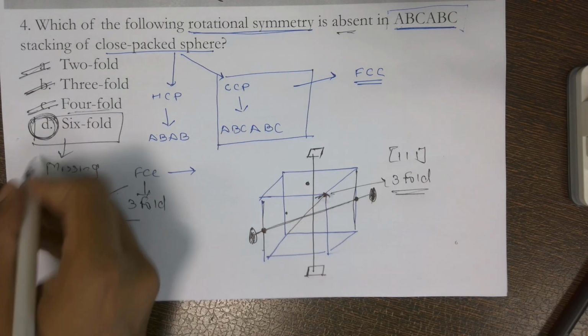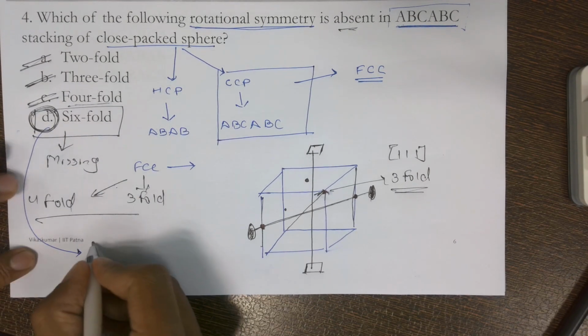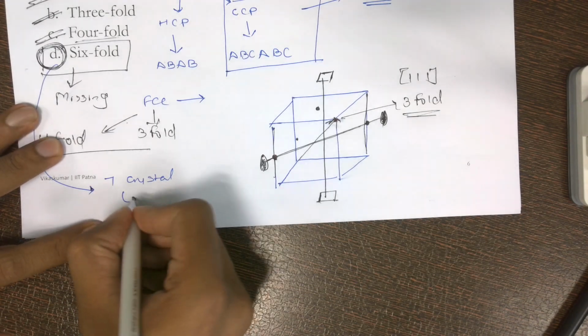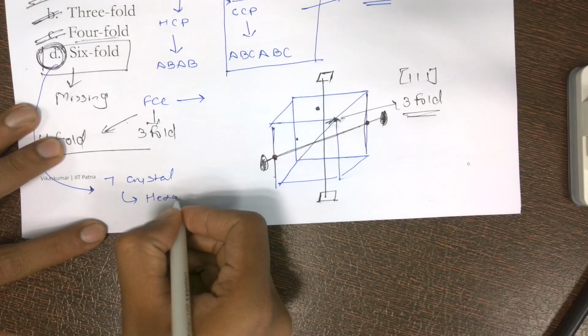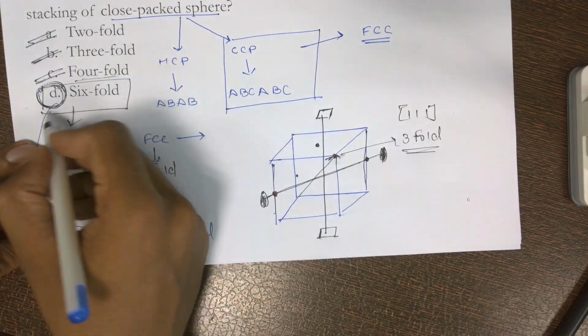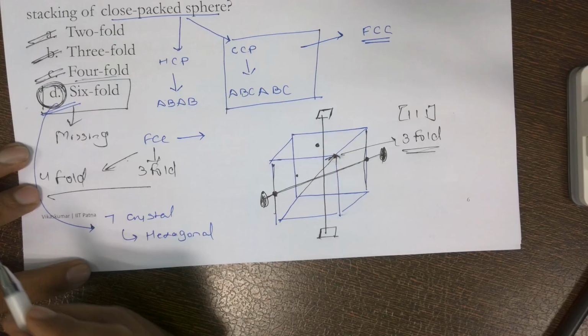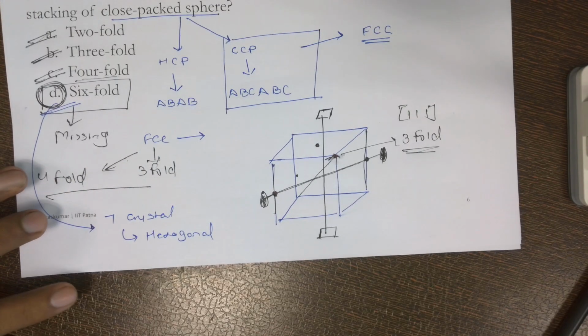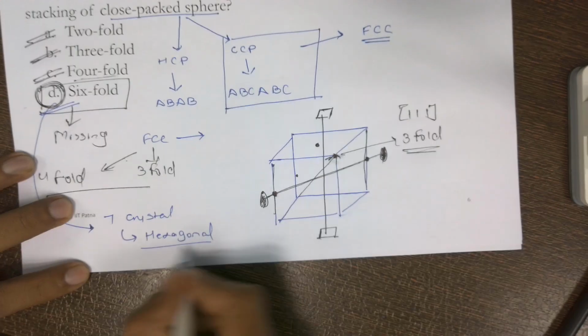One should remember that of the entire 7 crystal systems, only hexagonal has sixfold. So whenever sixfold comes into the question, or whenever you are talking about symmetry in crystallography, it is present only in the hexagonal crystal system.